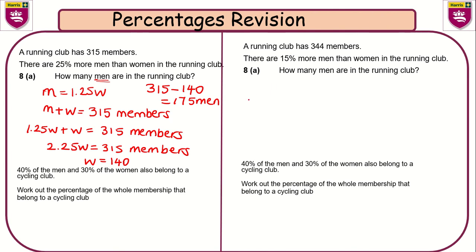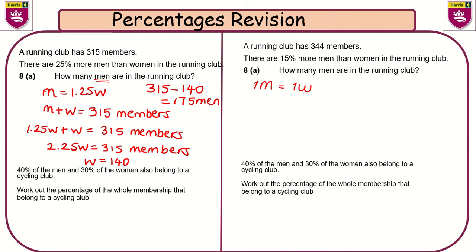If every man has the same value as every woman, you write it down like this, right? M equals W. That means 1M equals 1W. And if I treat 1 as the percentage, so 100%, the question is telling you that there are 15% more men than women.